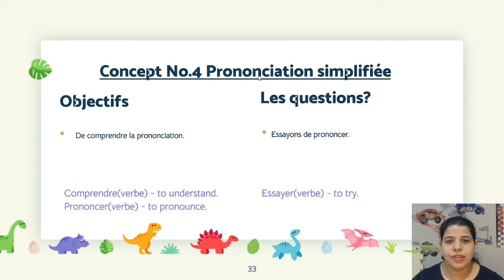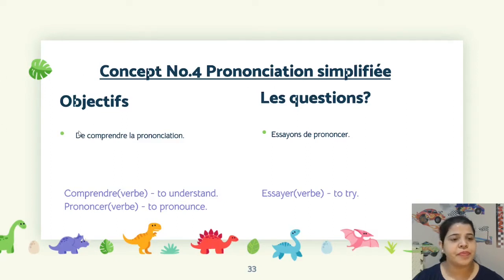And the T before the IO-N is also pronounced as S. Prononciation simplifiée.